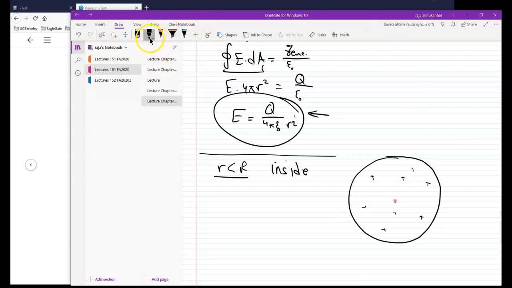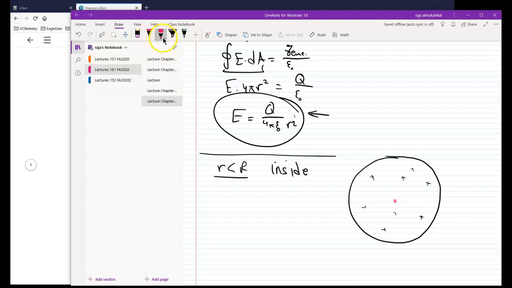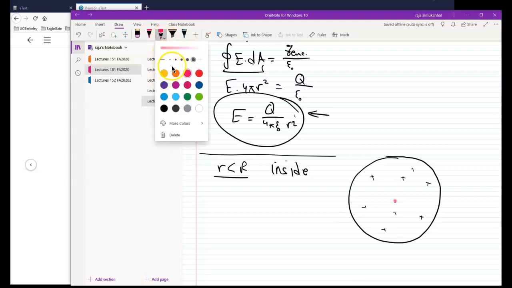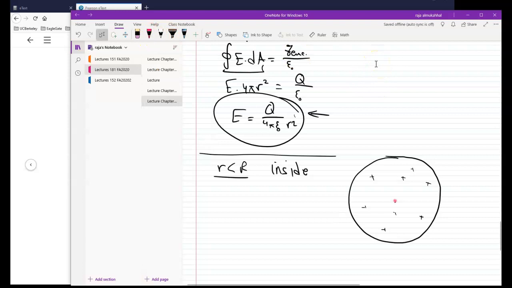I don't want this one. Okay, all right, let's try this one. So in this case, here is the Gaussian surface. Is that okay? And this is the radius r, small r.